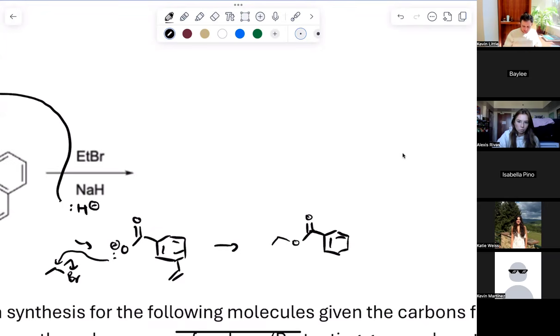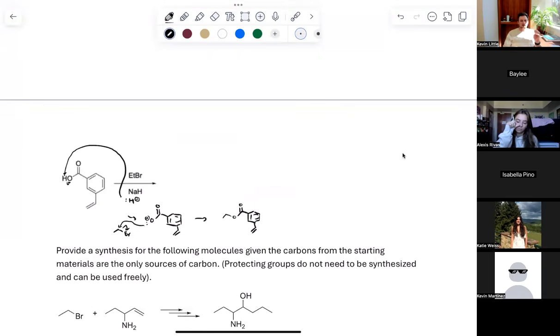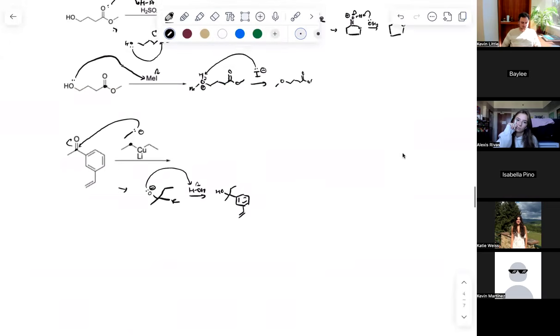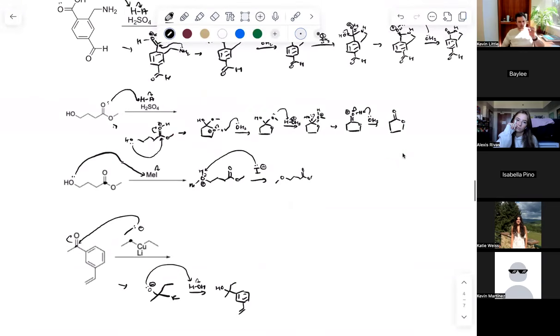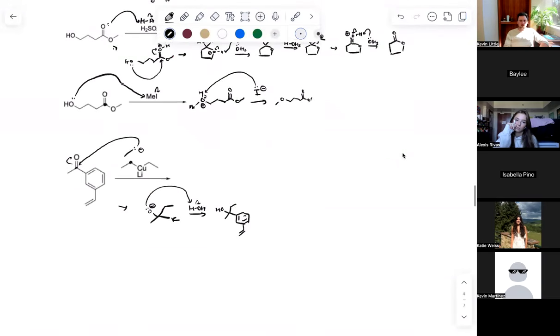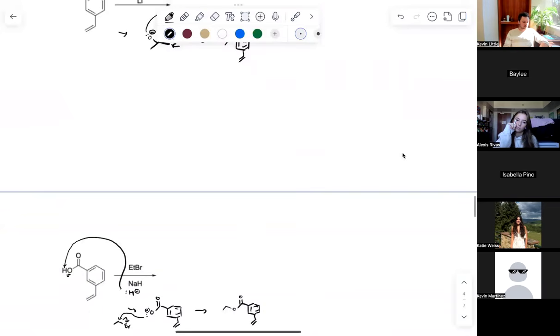So I posted this and then I kind of realized a couple of things. I didn't give you guys an imine and an enamine and an acetal formation in this practice. Those are still fair game, like things that you did on the last couple of quizzes.